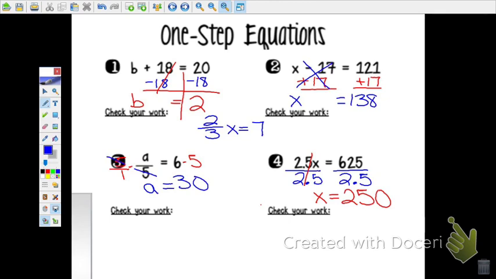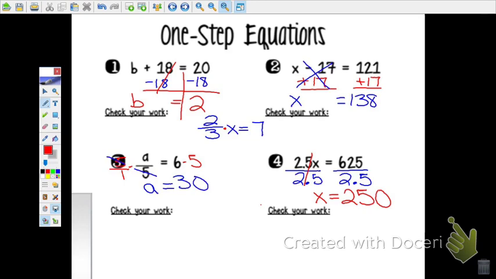Okay. So it looks a little bit different than the other examples we've seen. What am I going to do to get that x by itself? Make 2/3 times 3 over 2. Okay, so I'm going to multiply by the reciprocal. Okay, it's got some similarities to number 4 because I'm multiplying that 2/3 and that x.